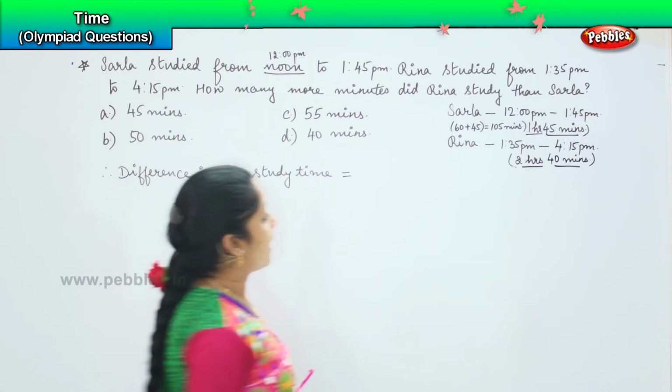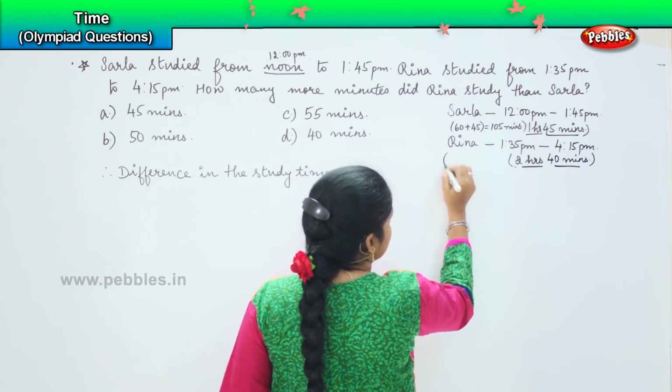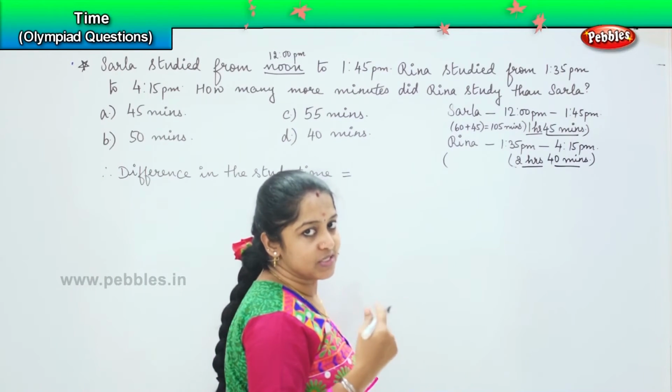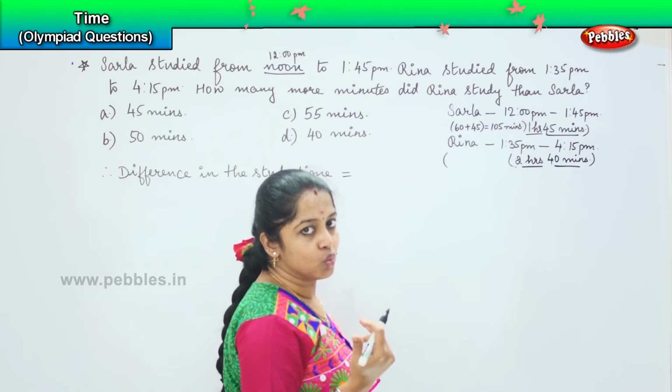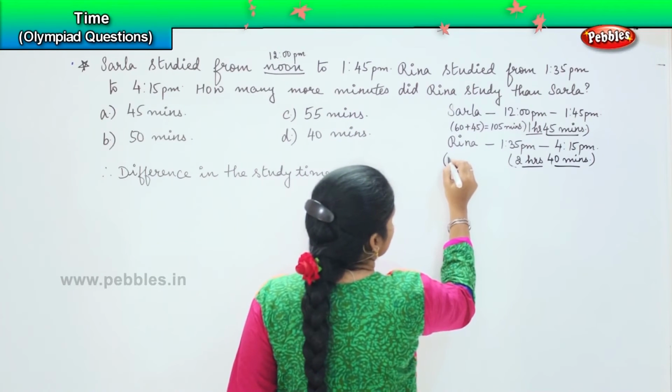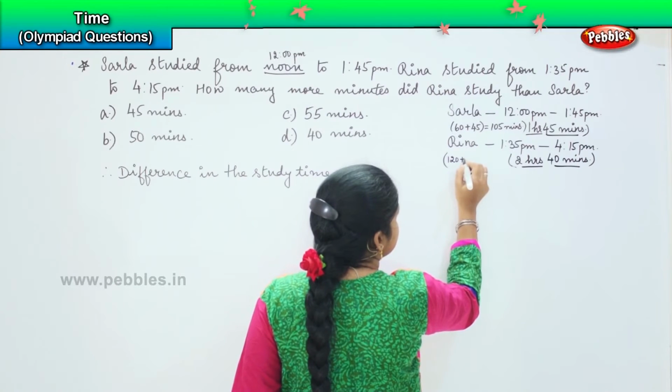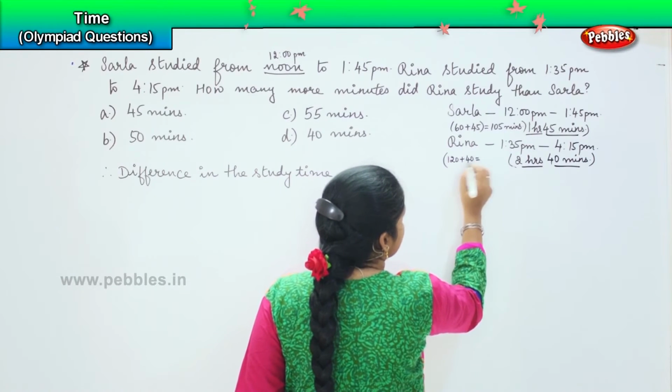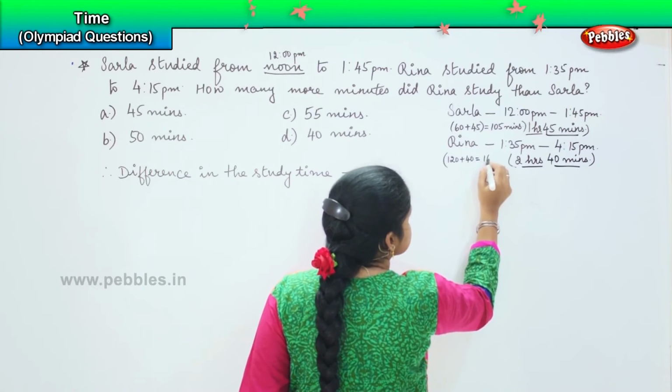Okay, and 2 hours. So we know that 1 hour is 60 minutes, right? So 2 hours will be 60 into 2, which is 120. So 120 plus 40 is how much? 160 minutes.